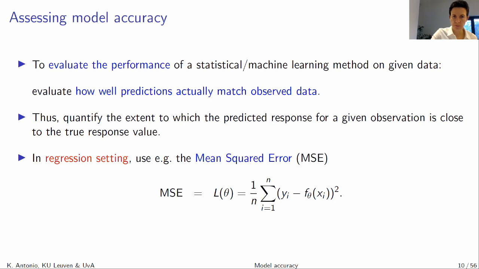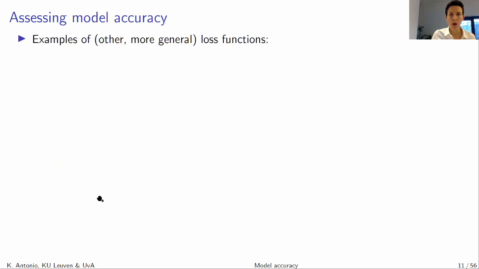If you look at different settings, not necessarily regression with a numeric outcome, you could also think about other loss functions. That will be very important throughout our course because we want to use the loss functions that are relevant for the actuarial applications we have in mind.